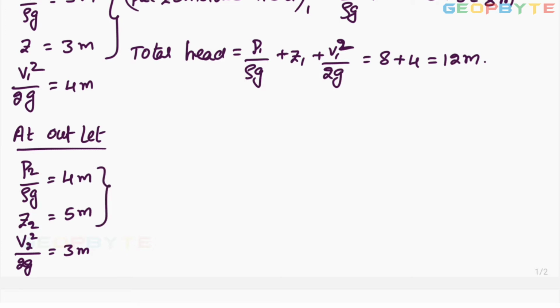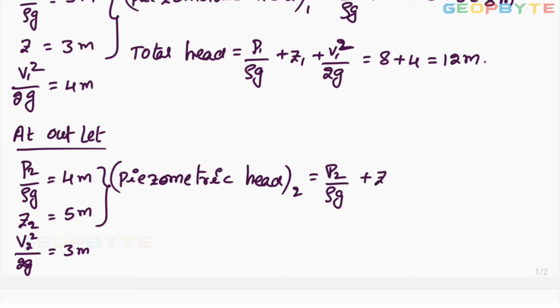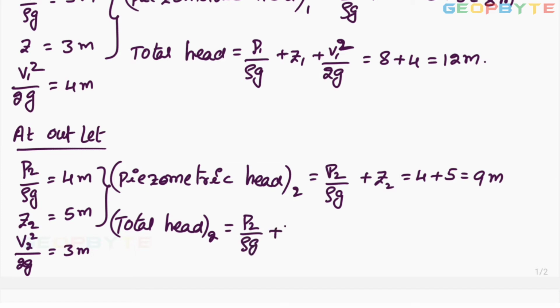With this information, let us find the piezometric head. Piezometric head at the outlet equals P2 by rho g plus Z2, which is 4 plus 5, equal to 9 meters. Total head at the outlet is equal to piezometric head P2 by rho g plus Z2, plus kinetic head V2 square by 2g.